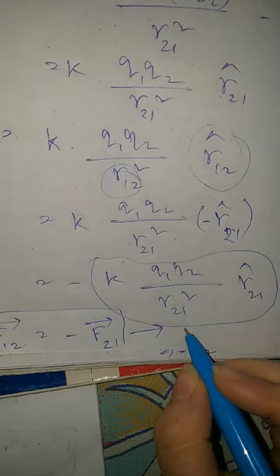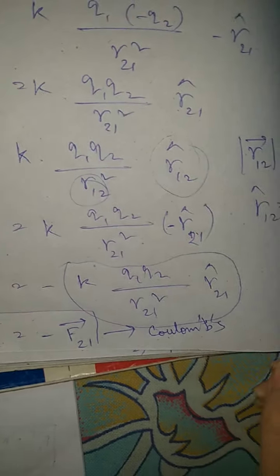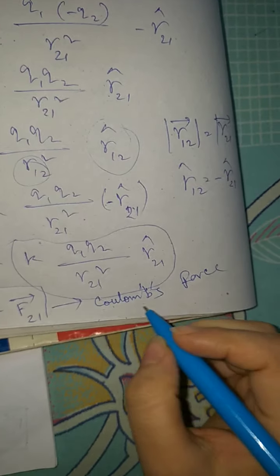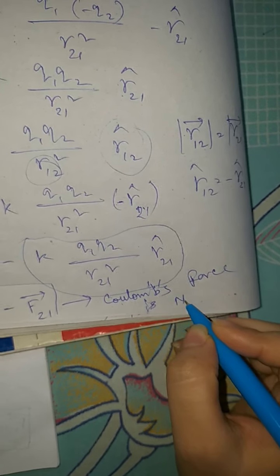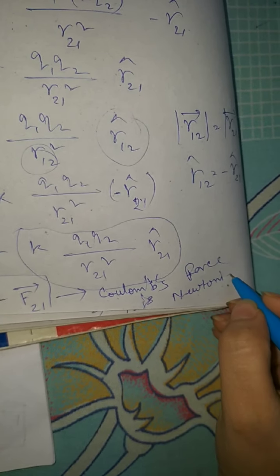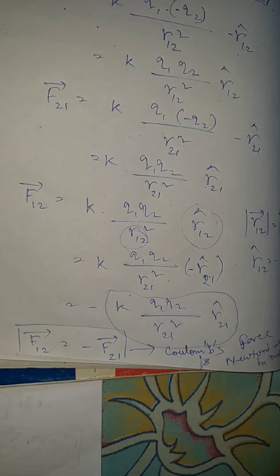We can write Coulomb's force is Newtonian in nature, because according to Newton's third law, action and reaction are always in opposite direction.